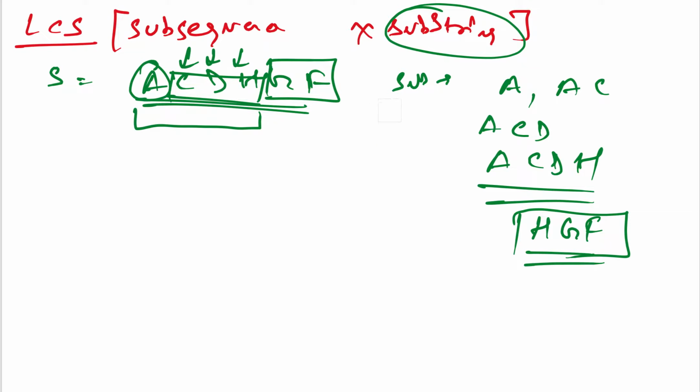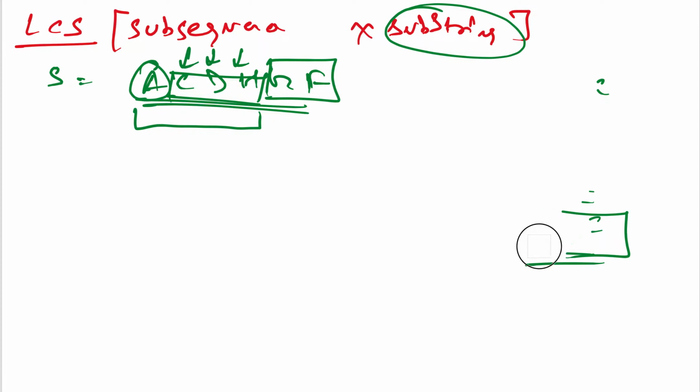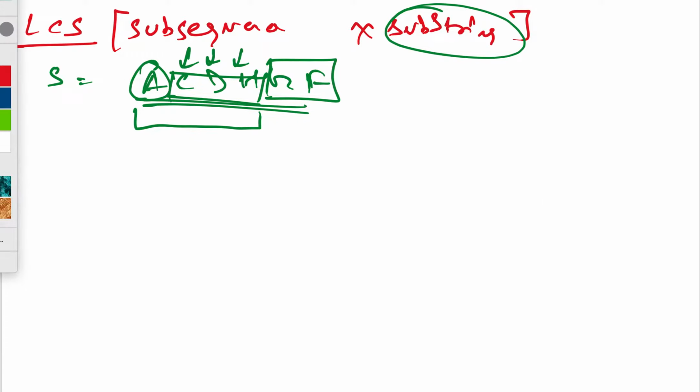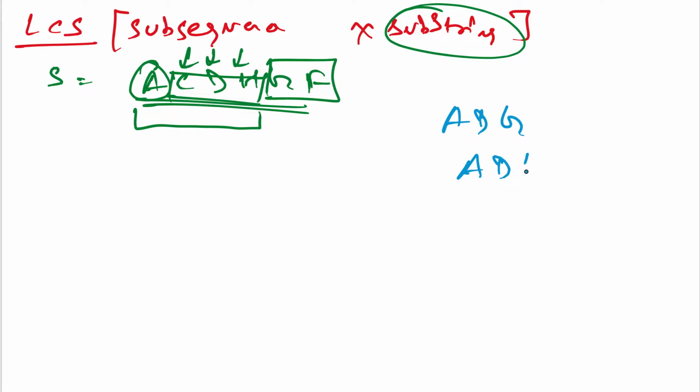And if we take non-consecutive characters, let's say we took something like A, D and G, or A, D, H, this is a subsequence.